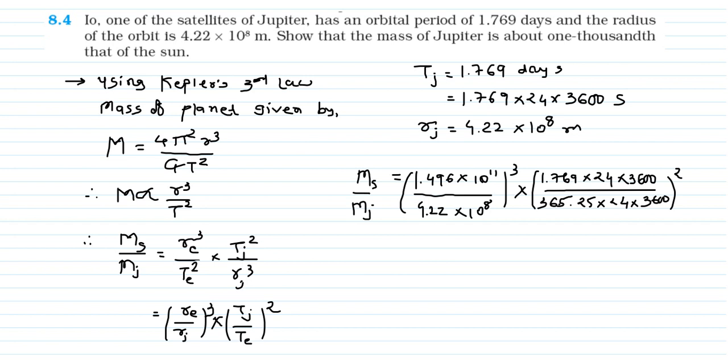So when you solve this, you get 1046, that is Mj upon Ms.